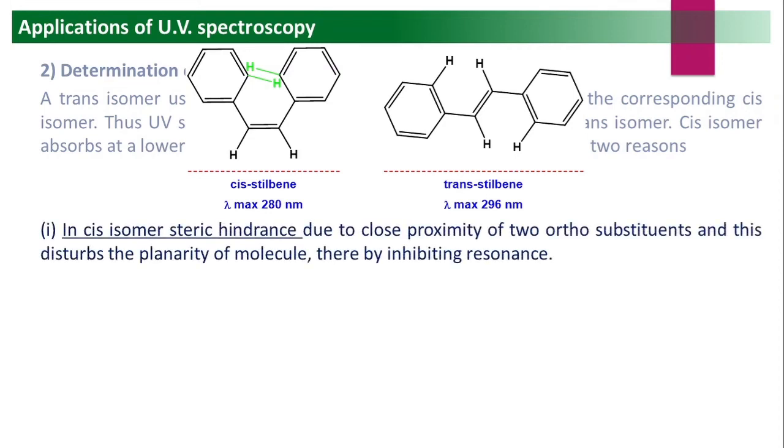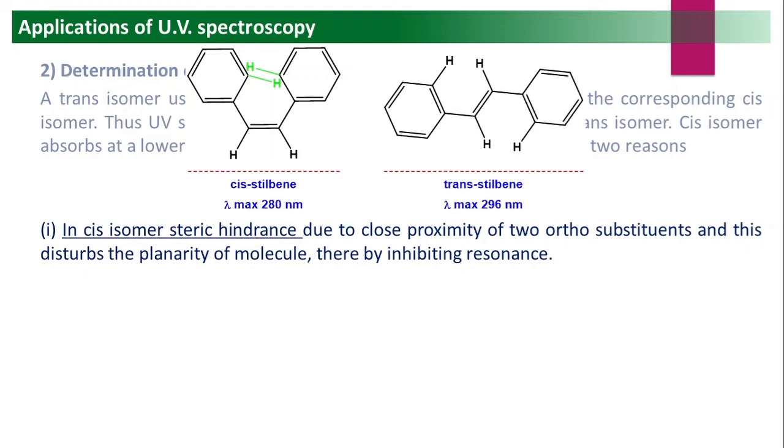The first reason is that in a cis isomer, steric hindrance due to the close proximity of the two ortho hydrogens, the ortho substituents of this molecule, disturbs the planarity of the molecule. There is no space for these two hydrogens, so there will be steric hindrance. So what will happen? One ring comes towards us and one ring goes behind, away from the observer.